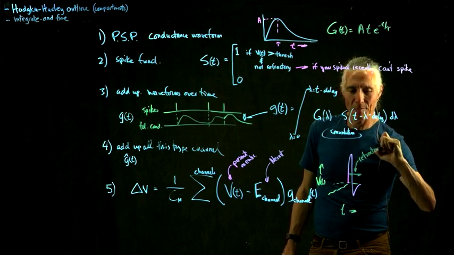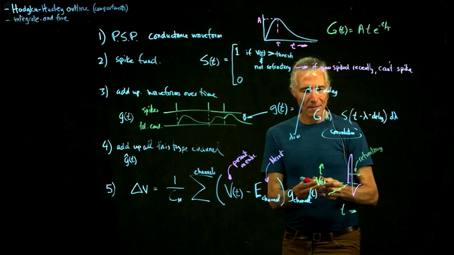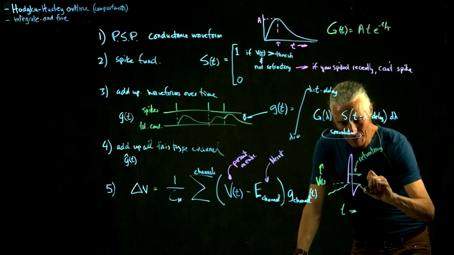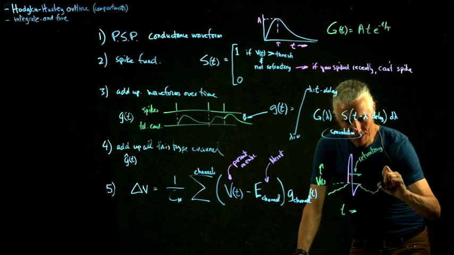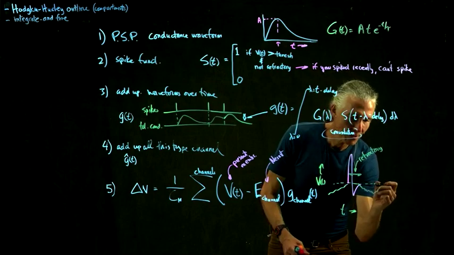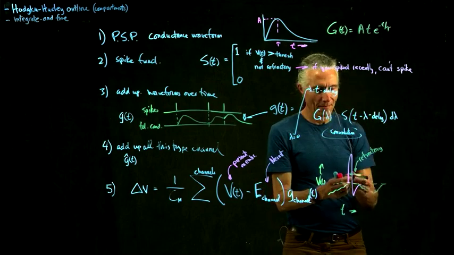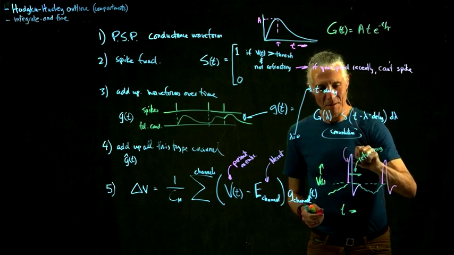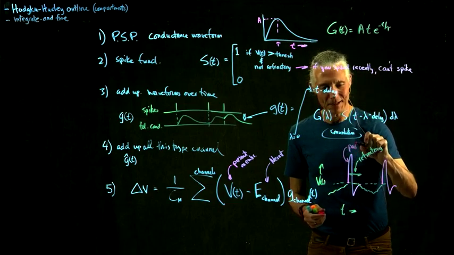Just say, like, you can't spike. And then after that, you continue integrating away, and if you reach threshold again, paste on another spike. Paste on spike, that's the technical term for it.